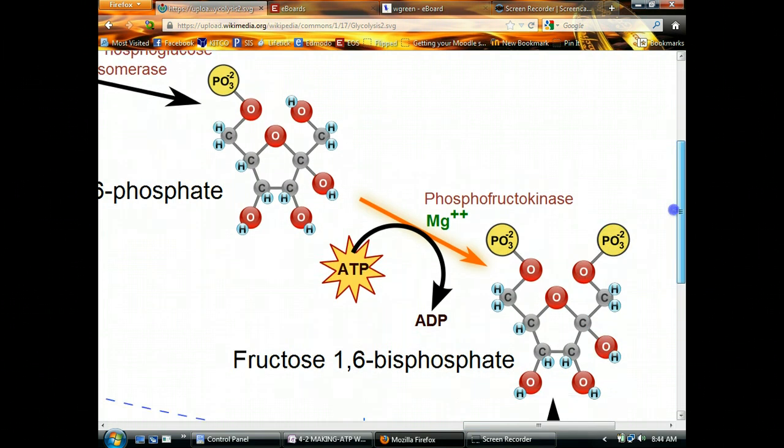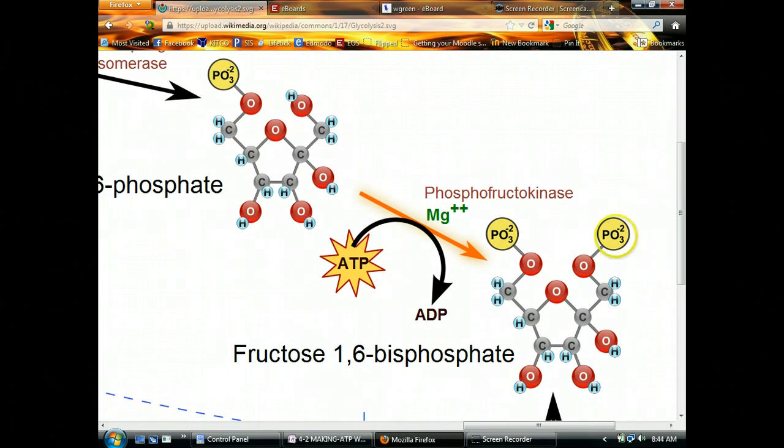And then look at this. Another ATP gets used up to put another phosphate on. See this? Now there's two phosphates stuck to the glucose. This is essentially a glucose molecule with now two phosphates stuck to it. And we've gotten energy twice out of this. I mean, actually, we've used energy to do this. Okay?